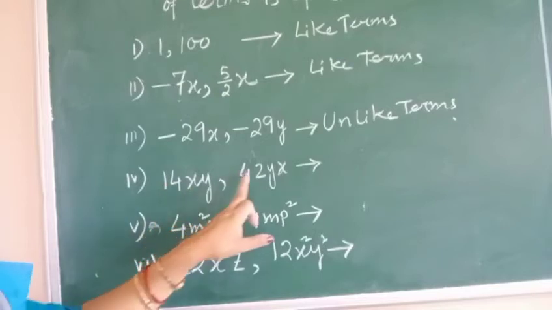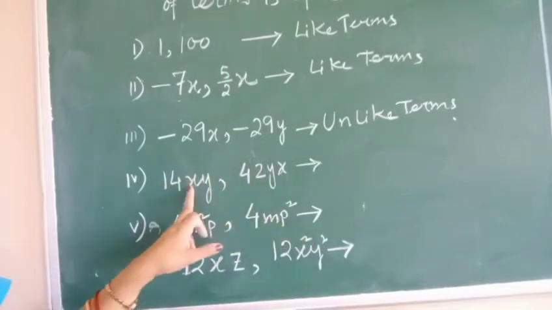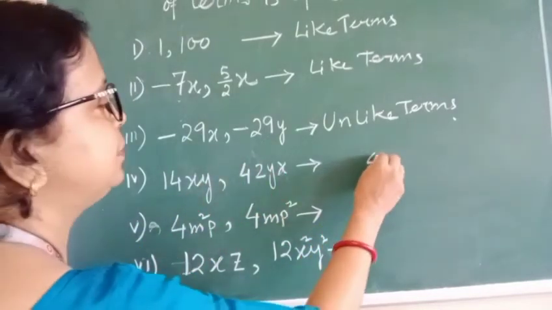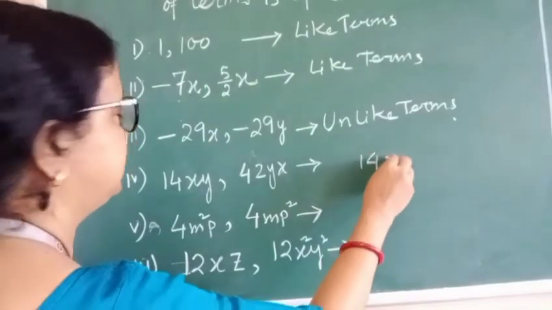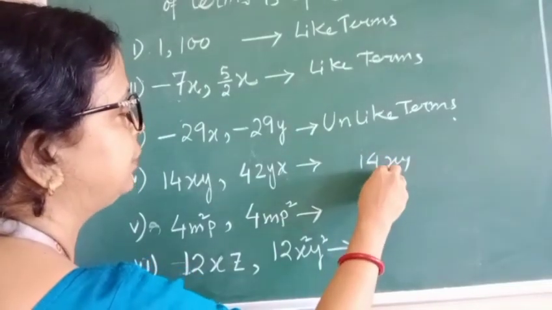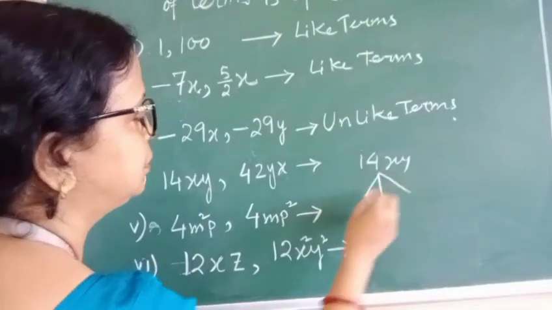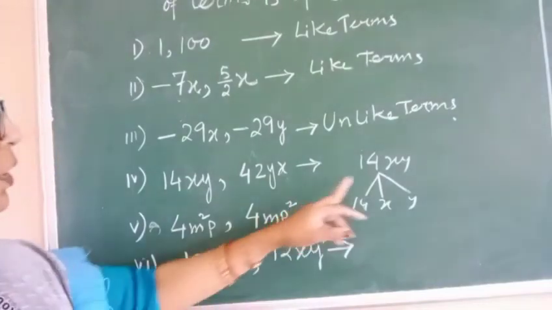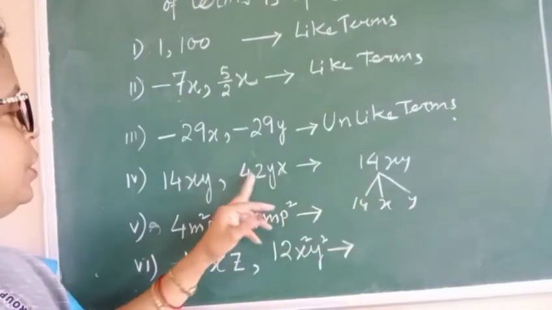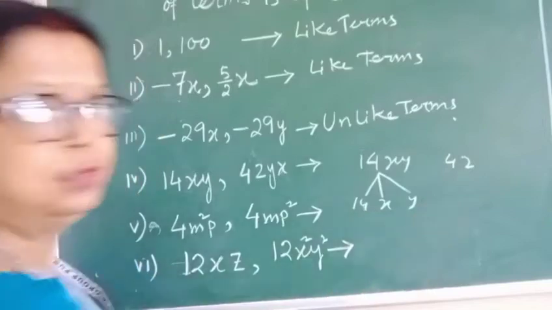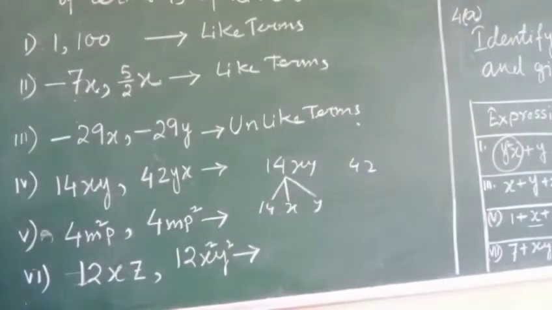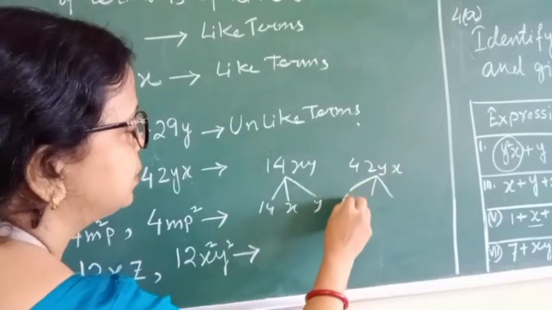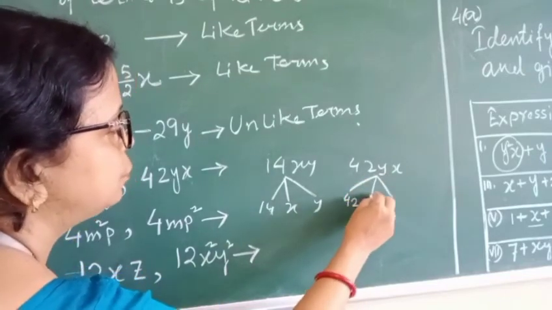14xy and 42yx. See, the variables are xy and yx. If I find this variable in this way, 14xy, we can write that three factors are there: 14, x and y. So the variables are x and y. In 42yx also, we can see that three factors are there: 42, y and x.